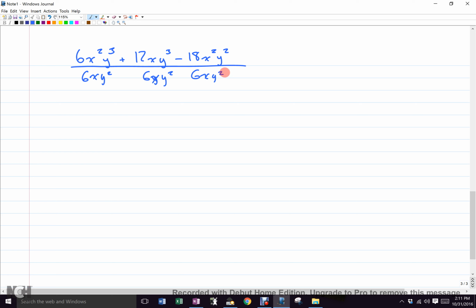Now, this part comes out here, and the answers go in here. xy plus 2y minus 3x. Got it? Because 18 divided by 6 is 3, x squared divided by x is x, y squared divided by y squared cancels out.